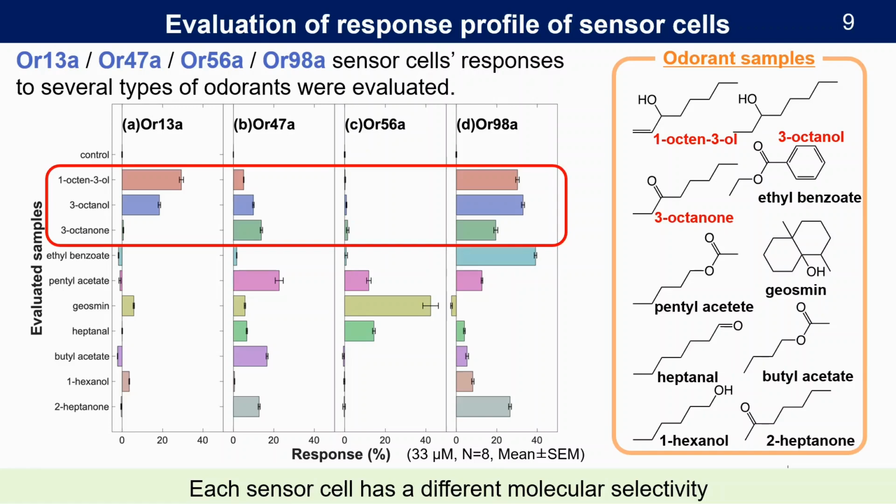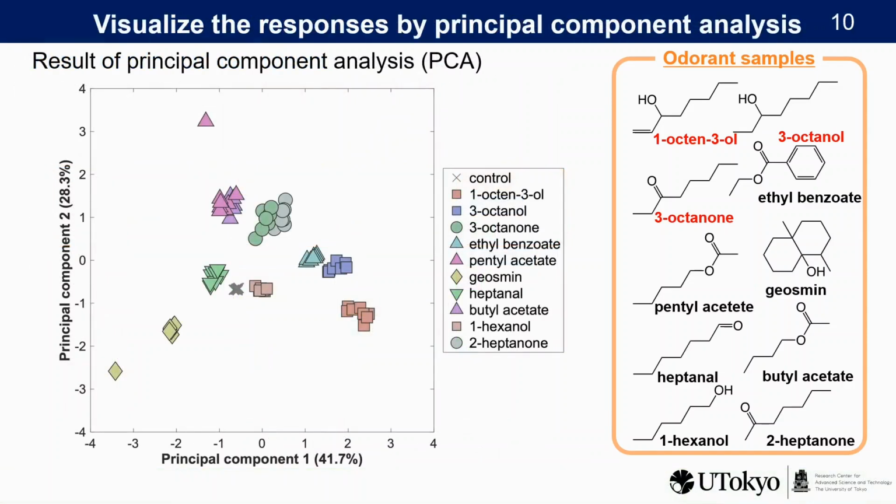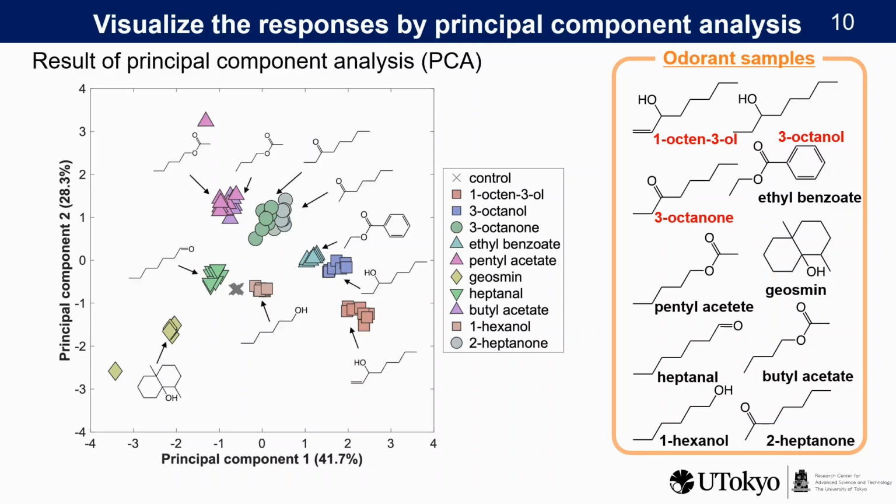To visualize this difference, we applied PCA. This figure shows the result of PCA. Although there are some overlapping points, you can see that many of the samples are distributed individually. When I overlay the structural formulas onto the PCA score plot, you can find that the odorants with similar structures are distributed relatively close.